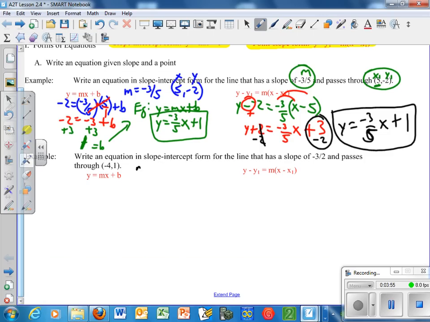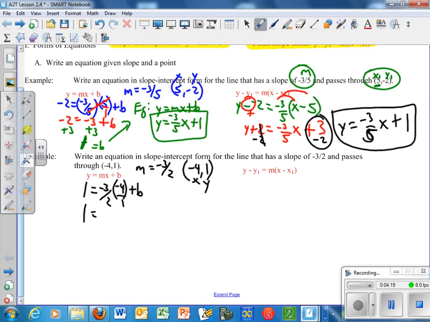Here we have the slope, negative 3/2, and the point, (negative 4, 1). If we're using slope-intercept form, we're going to plug negative 3/2 in for m, 1 in for y, and negative 4 in for x, plus b. So I multiply here. Negative times negative will be positive.